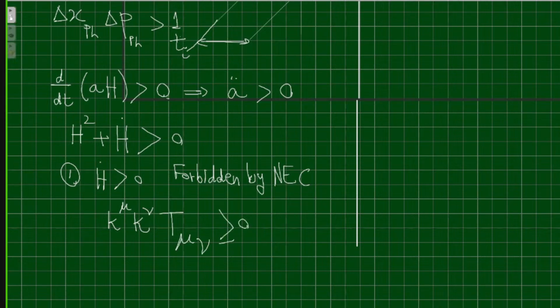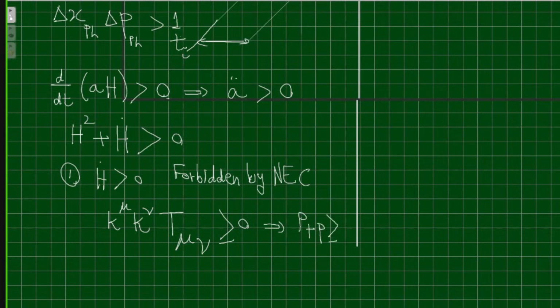In particular, if T mu nu has the form of the T mu nu of a perfect fluid, so it is parameterized by a rho and a p, then this translates into rho plus p larger than or equal to 0.